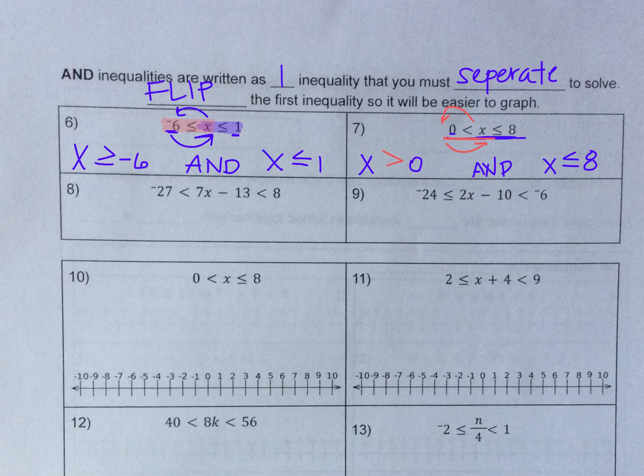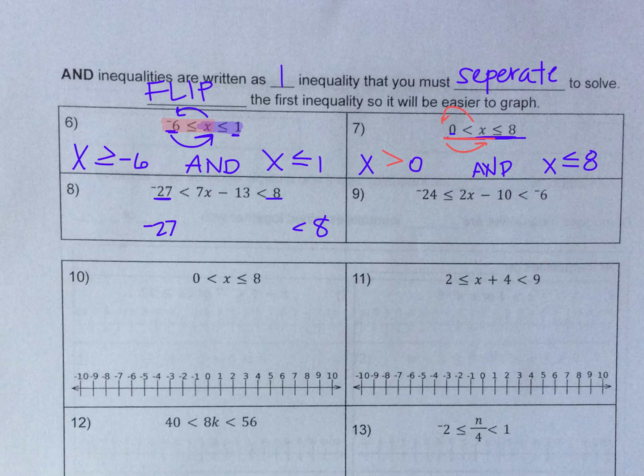All right, let's do number 8. This is a little bit different, but let's start the same way we started. -27 and an 8. So I just write my end numbers down. Now, what is 8 is greater than something?